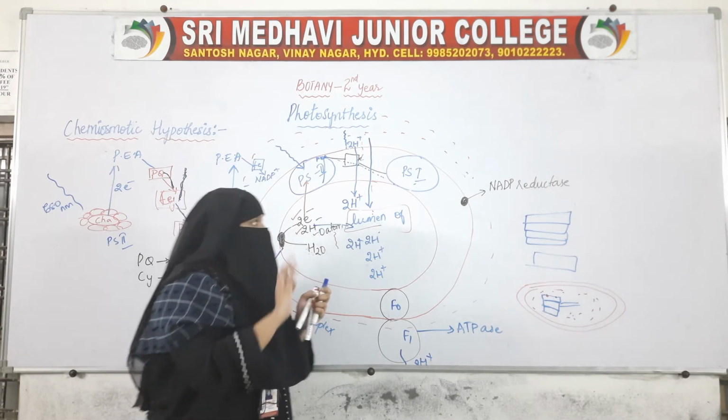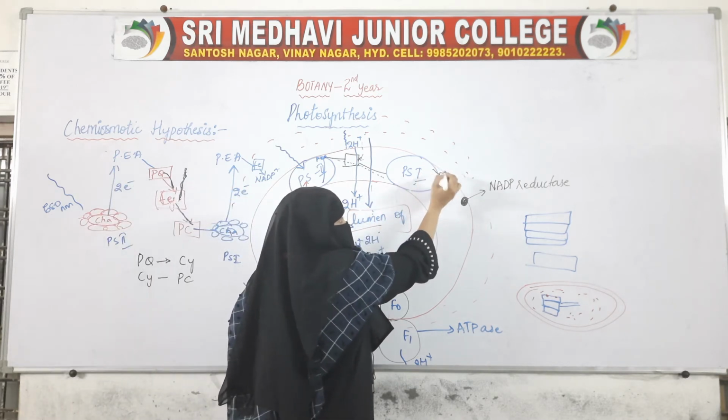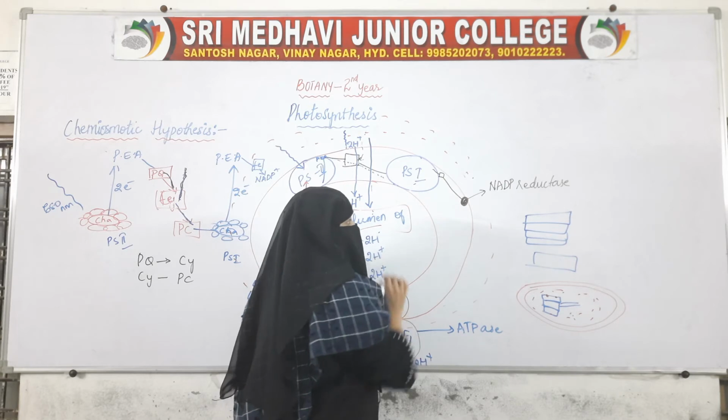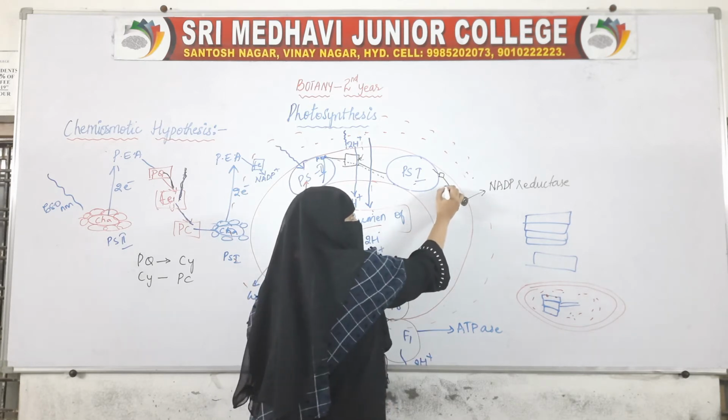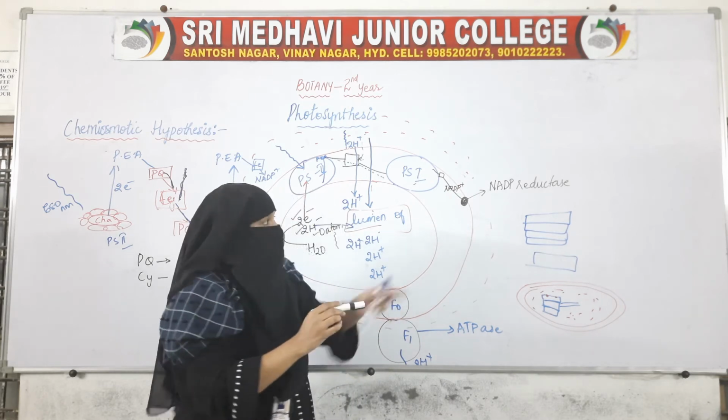And here I tell you, from photosystem 2 the electron passes to ferredoxin, then it comes to NADP plus.